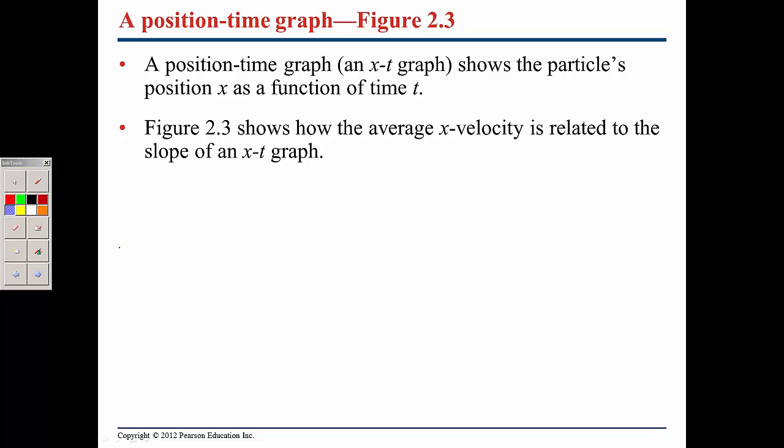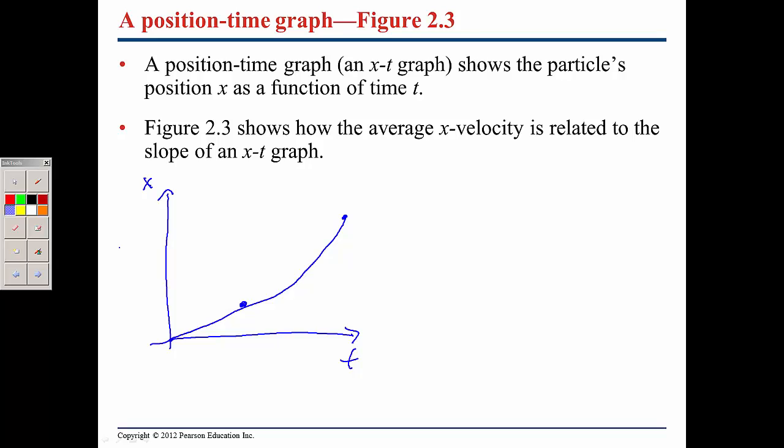Now we can learn a lot by looking at a position versus time graph about what's going on with the average velocity. So if I were to draw a graph where I put time on the independent axis and position on the dependent axis, then I can draw the position of a car, for example, as a function of time.